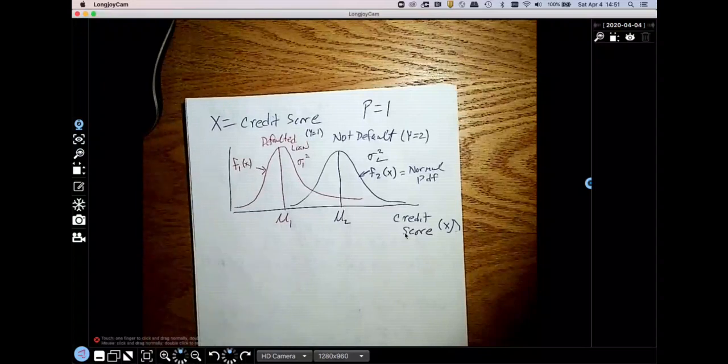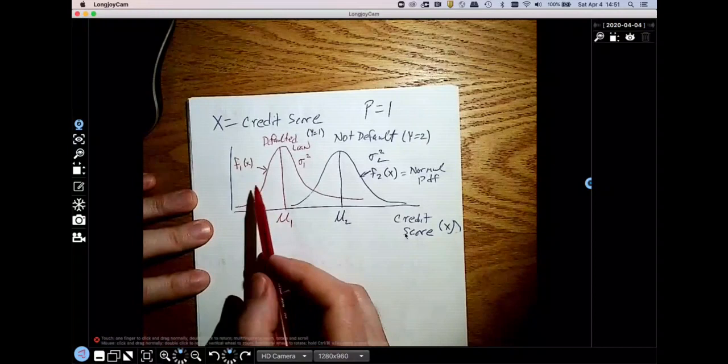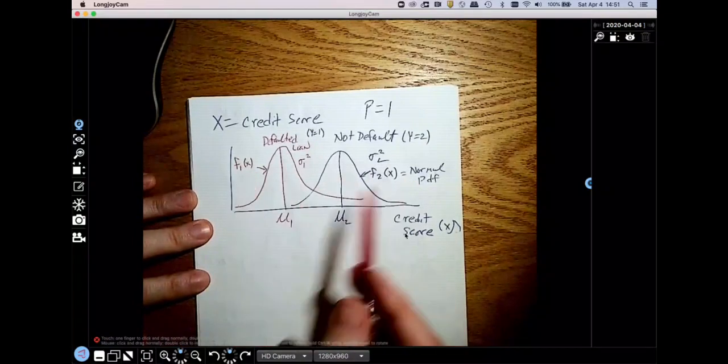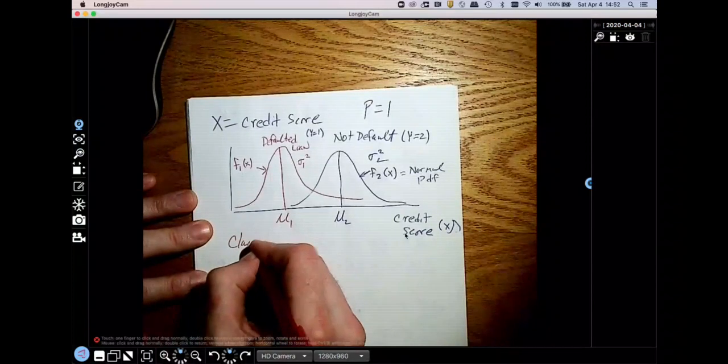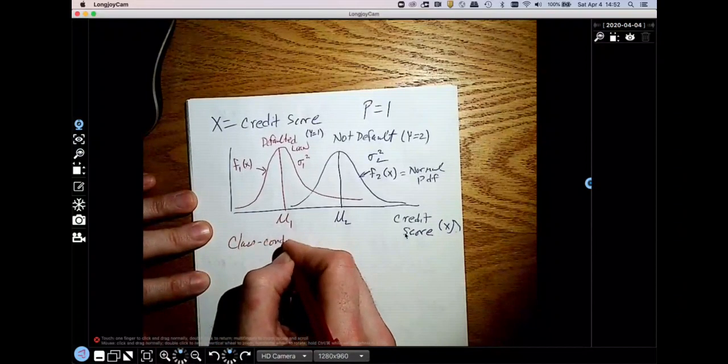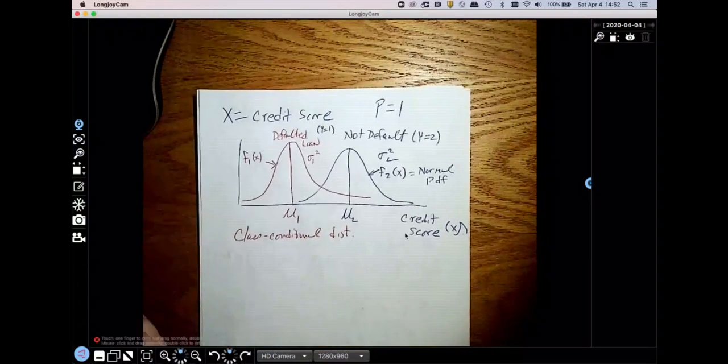So using my language from that slide, these two normal distributions are class-conditional distributions. The way to think about this is I've told you which class a group is in.